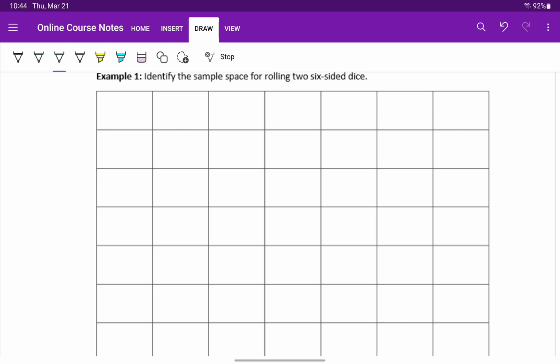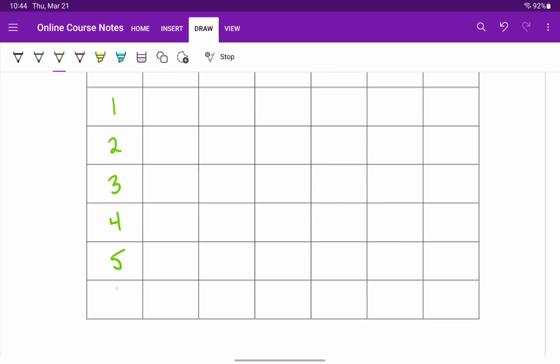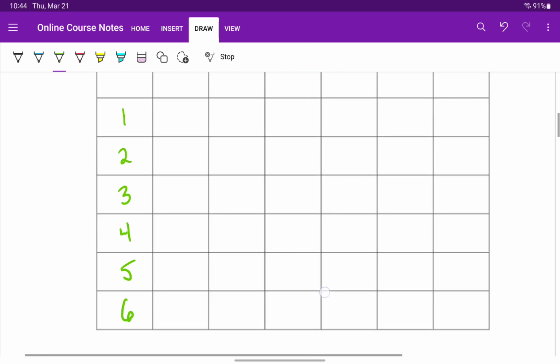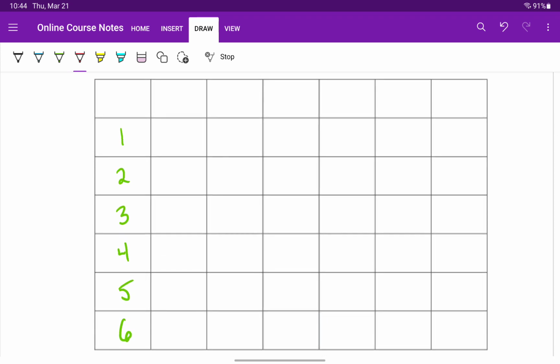What we'll do with our table is just list in the first column all of the possible outcomes from the first die. And then along the top, we'll list the outcomes from the second roll, that second die. And now we'll fill in our table by choosing the value from the column on the left and the row on the top.